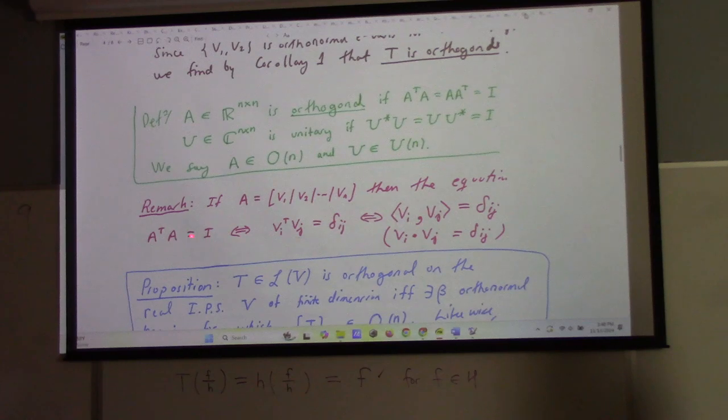If you look at just the matrix product here, the row column rule, the usual dot product of rows and columns, gives you that. But of course that's the inner product in our context, or if you like, dot product notation, whatever. The point is that the columns of A are orthonormal. And this goes both ways.